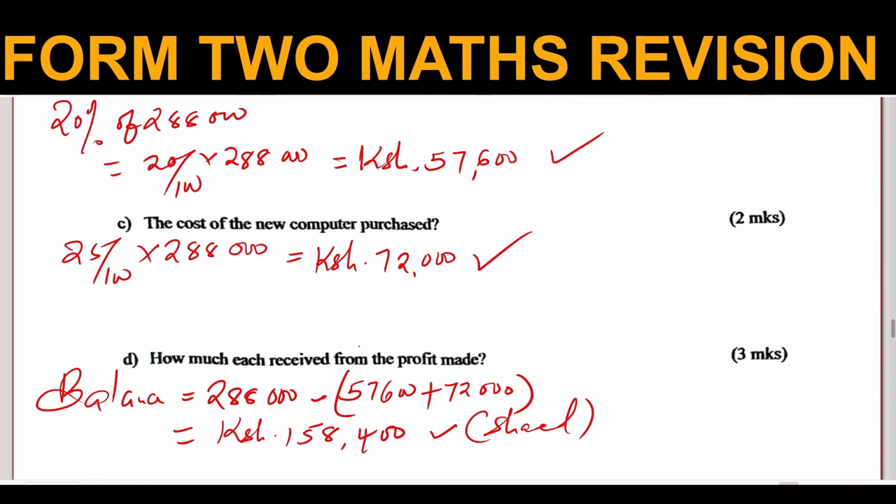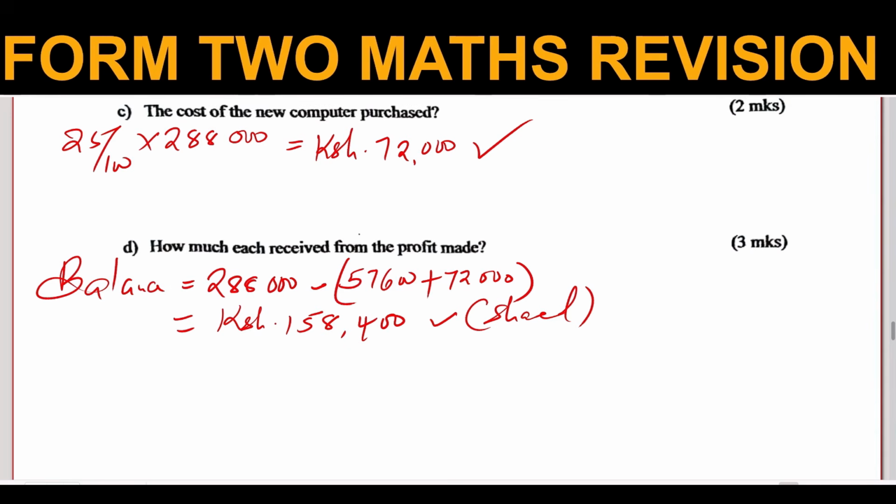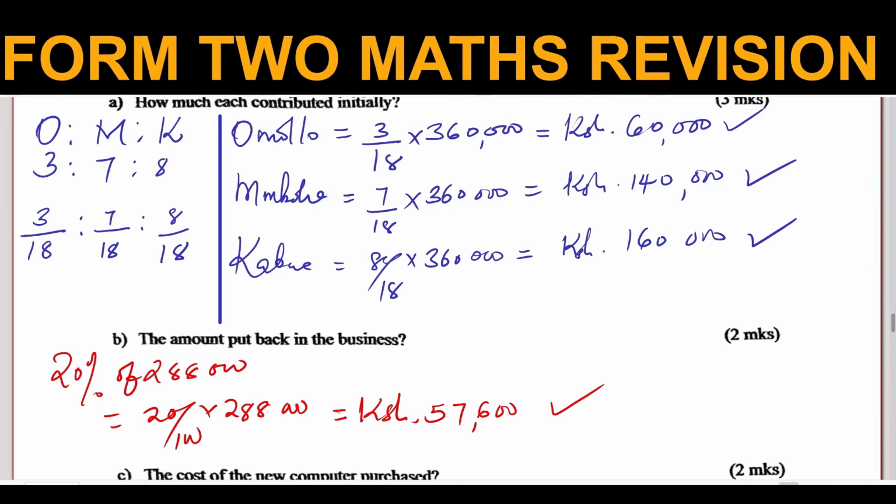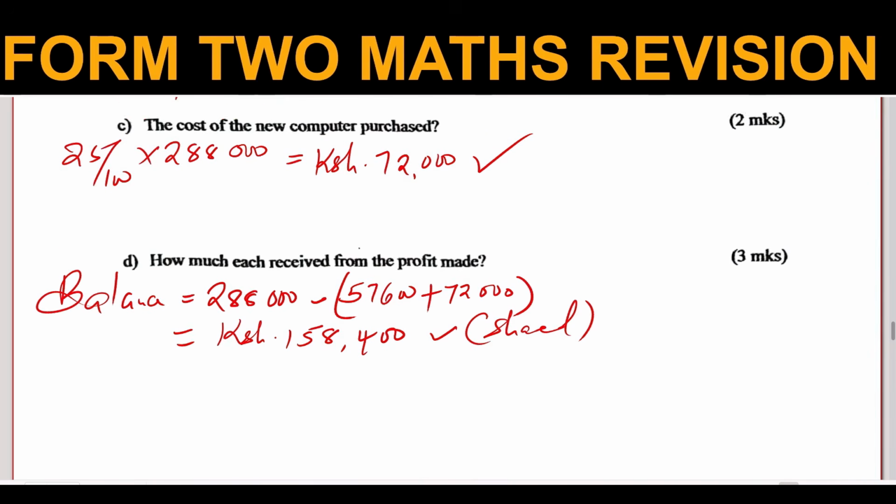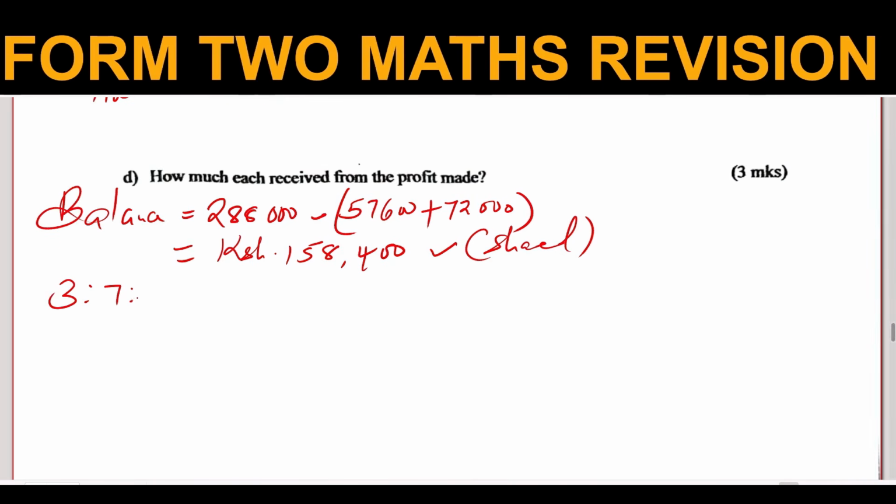So now how much each of them received. If this was to be shared in the ratio of the contribution, remember the ratio is 3:7:8. This is Omolo, this is Mbohe, and this is Kabue. So for Omolo, the fraction was 3 over 18 times the amount to be shared, which is 158,400.